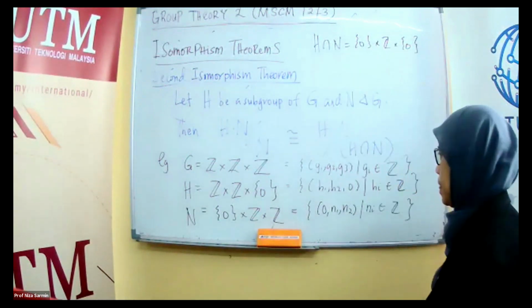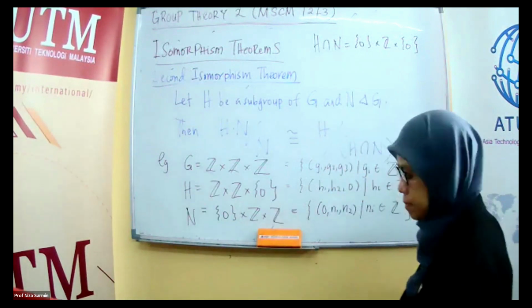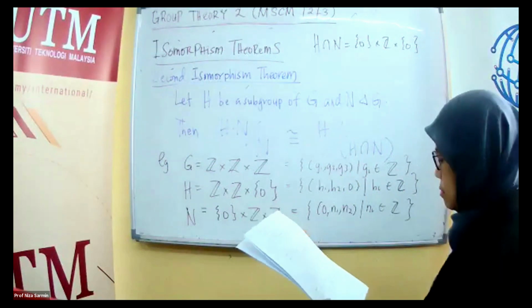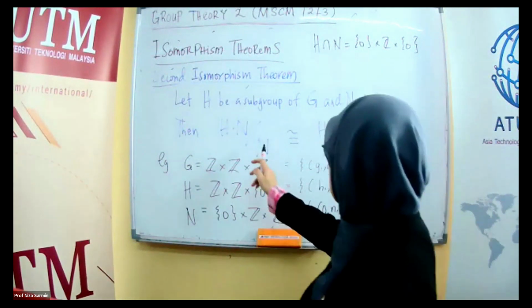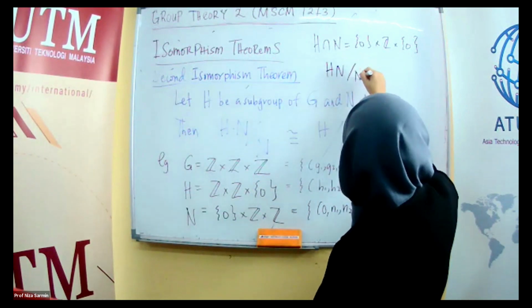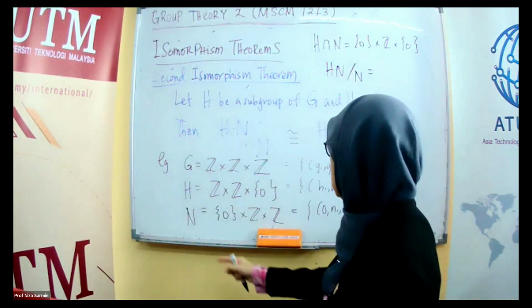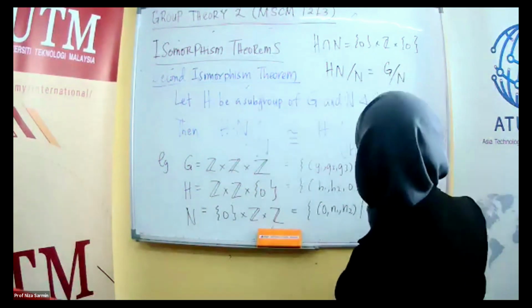The intersection is 0, Z, 0. That's the intersection. So let's see this. So HN mod N, this is G mod N.